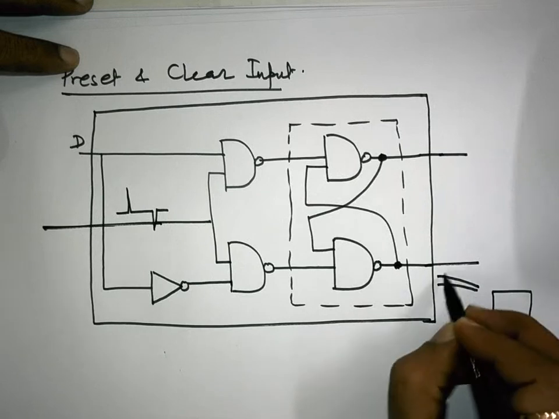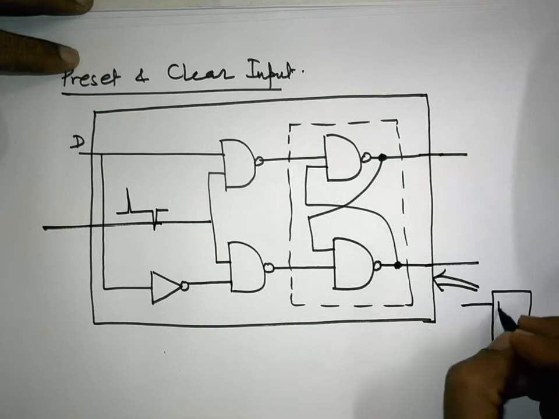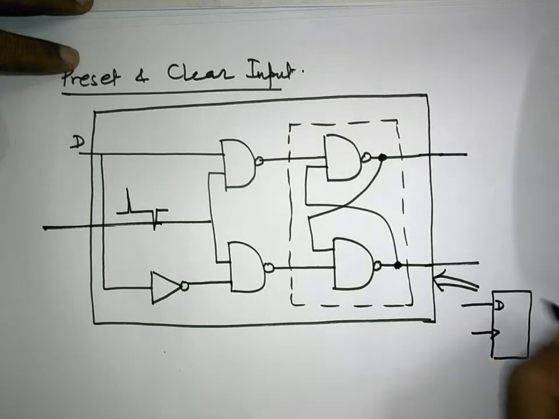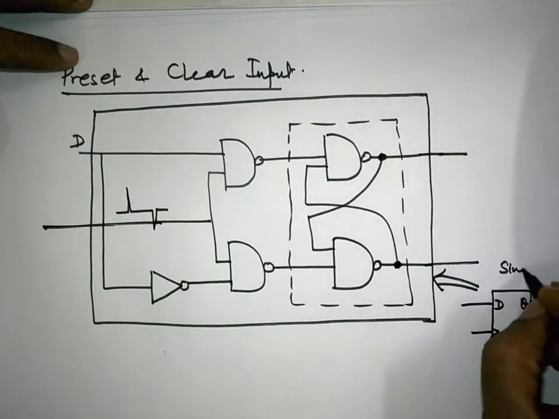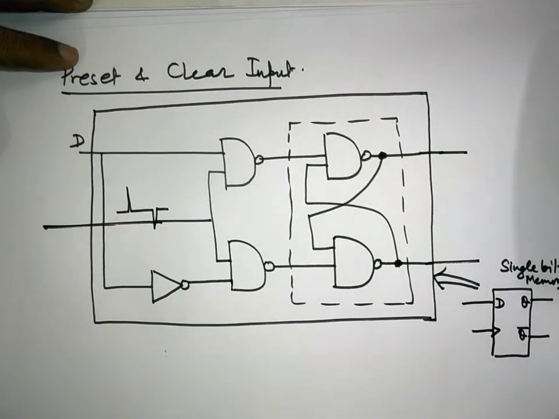This is the zoomed version of this block. You will see that this is one input, this is a clock input, and you have Q and Q bar as output. This will form a single bit memory. This is a single bit memory also. Okay. Simplest form of storing 1 and 0.